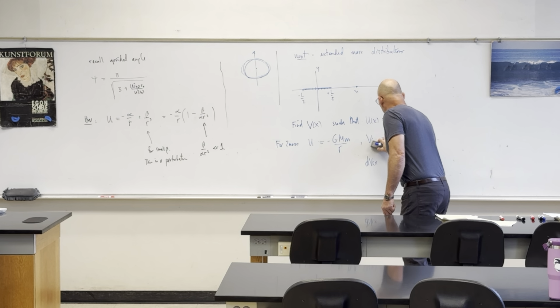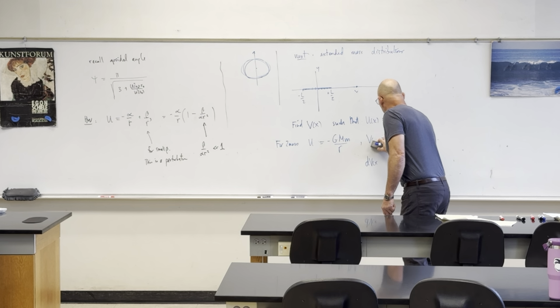So we have, let's see, from this point x to some little dm here, we can have this thing at x prime, so we'll have an x minus x prime.